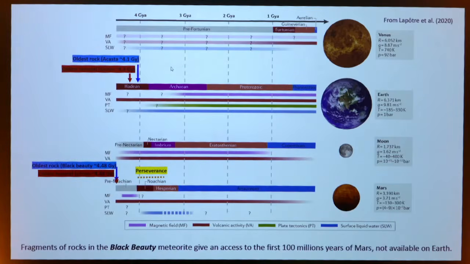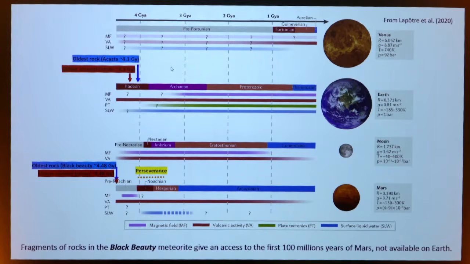If we go to Mars, Perseverance is exploring, as we saw, Noachian or Noachian to Hesperian terrains. But we do have some older record from the Black Beauty meteorite. Black Beauty is the nickname for the Northwest Africa 7034 or Northwest Africa 7533 meteorite, which contains zircons with ages up to 4.48 gigayears, but also a small fragment of rock with the same age, which means that Black Beauty is really a unique rock because it gives us access in the lab.